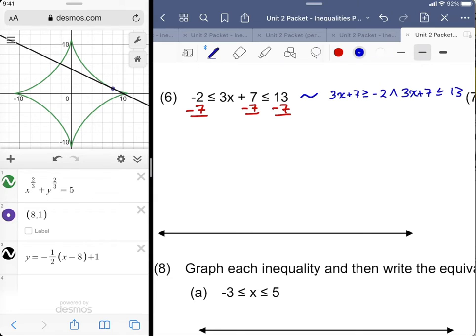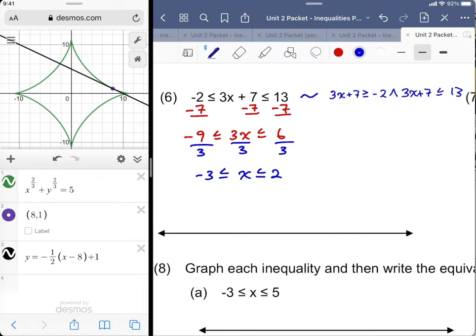So we'd have -9 less than or equal to 3x less than or equal to 6. Then I want to get the x alone, so I divide by 3, and I get -3 less than or equal to x less than or equal to 2.